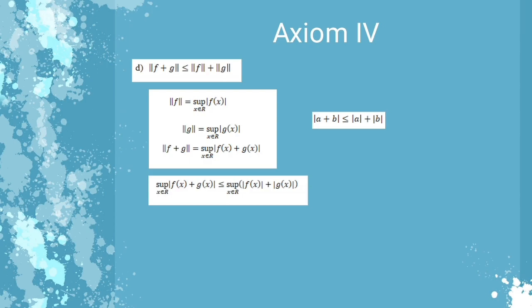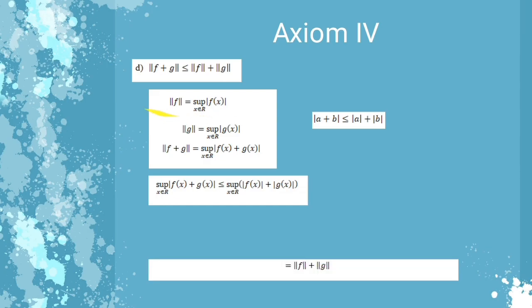And then we get the supremum of the absolute value of f(x) plus g(x) is less than or equal to the supremum of the absolute value of f(x) plus the absolute value of g(x).